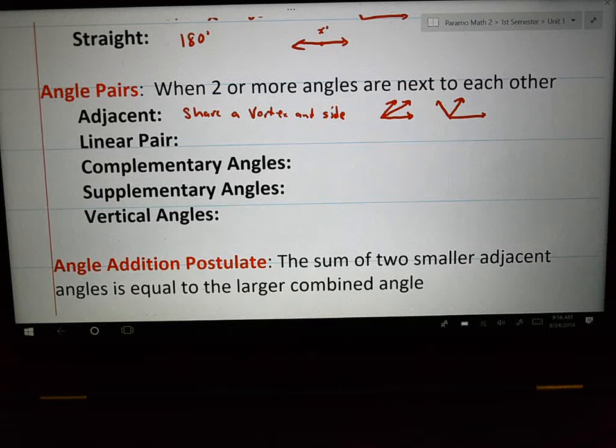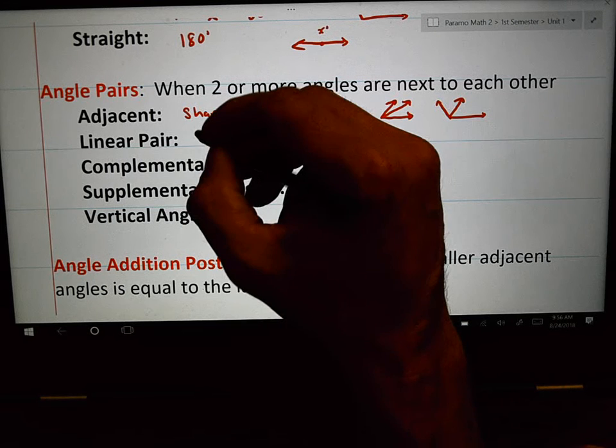A linear pair is different. A linear pair always adds up to a straight line. A linear pair are adjacent angles that have opposite rays.